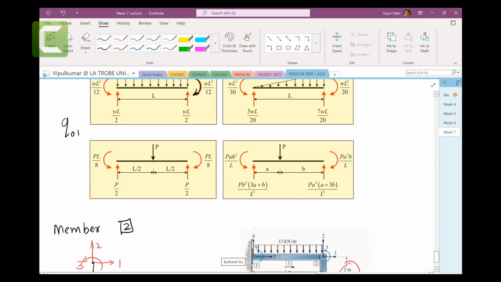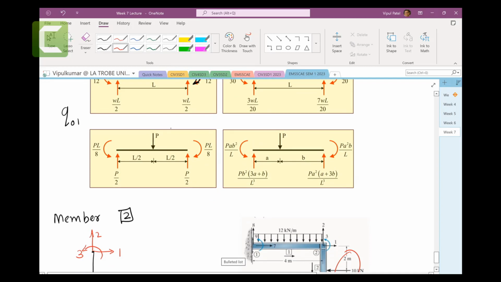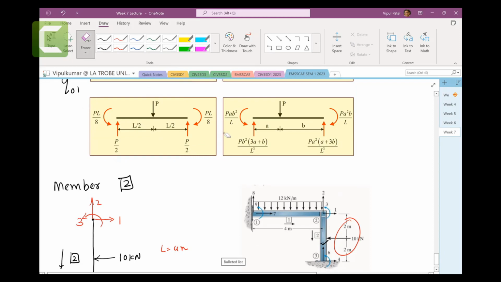Now, a similar one, which looks like it is in the middle. So this is the one. You might need to rotate this one. If I rotate this 90 degrees, it will go opposite. So if I rotate this way, then it would be P here.